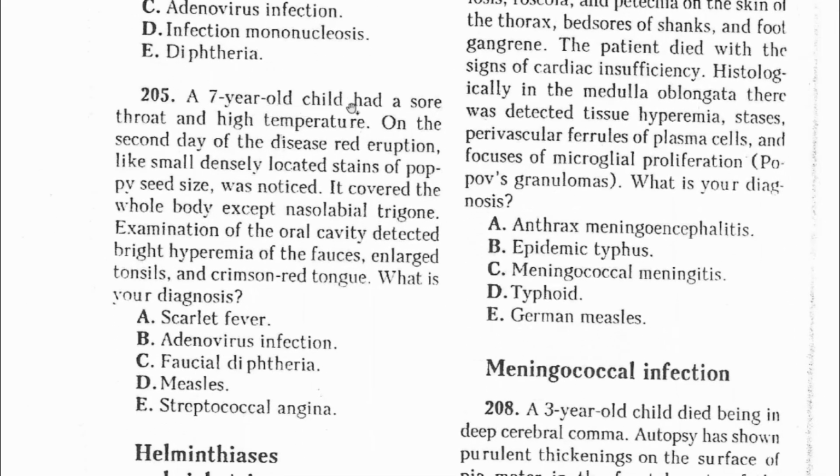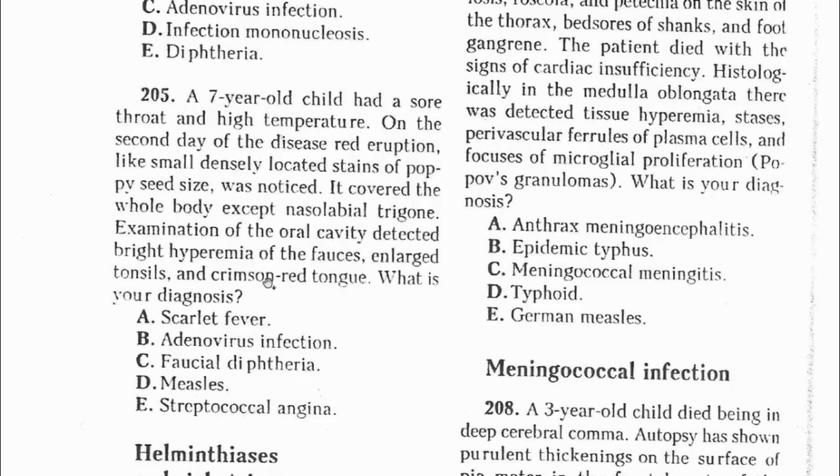205. A 7-year-old child had a sore throat and high temperature. On the second day of the disease, red eruption like small densely located stains of poppy seed size was noticed. It covered the whole body except the nasolabial triangle. Examination of the oral cavity detected bright hyperemia of the fauces, enlarged tonsils, crimson red tongue.